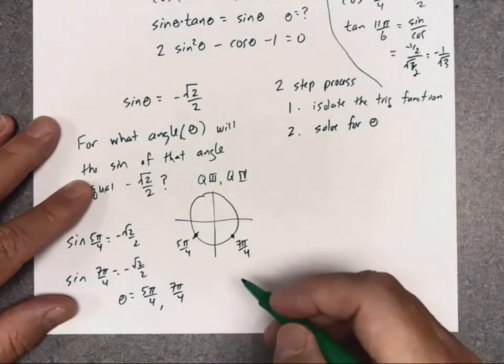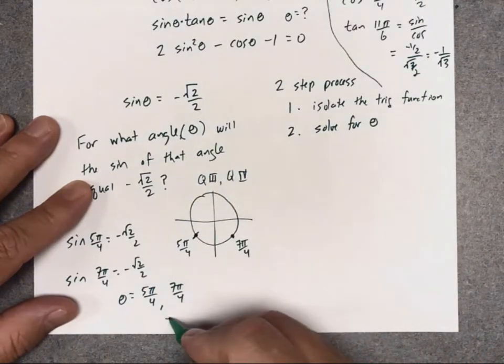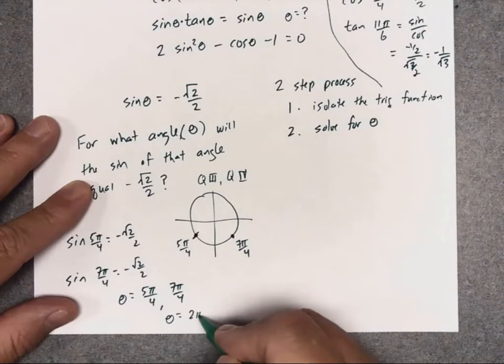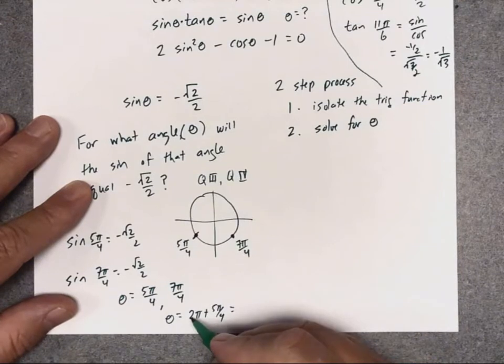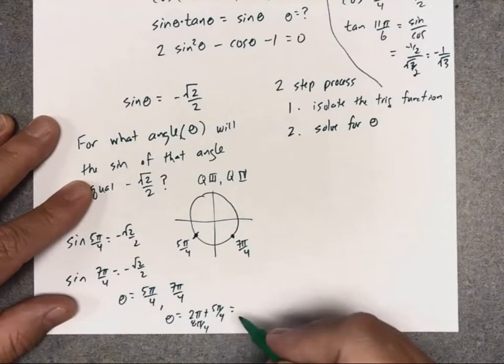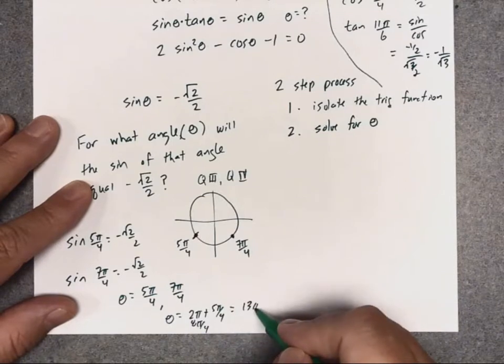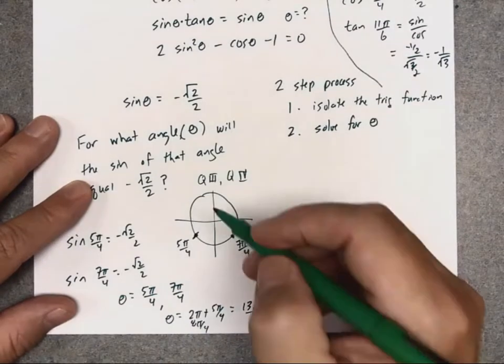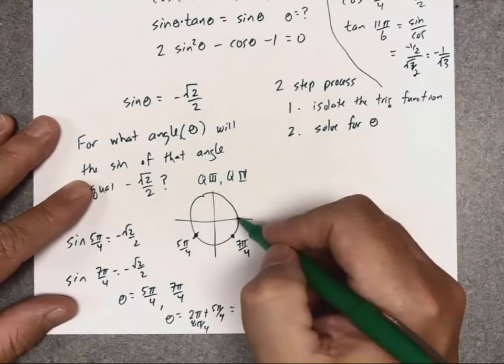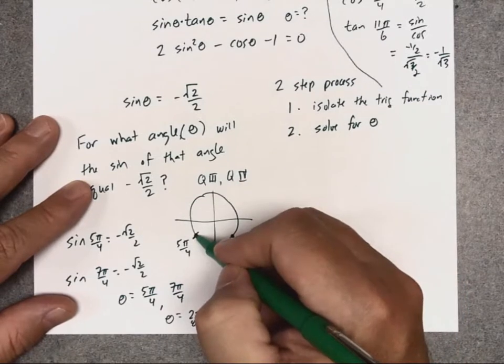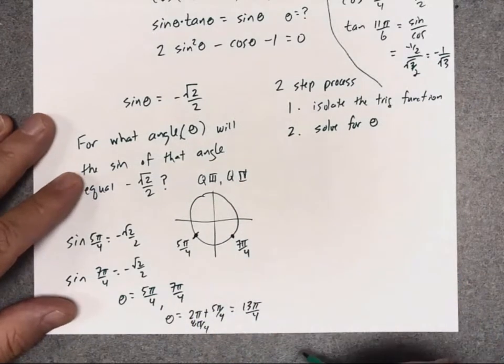In other words, how about if I look at the angle 2 pi plus 5 pi over 4? If I change this to 8 pi over 4, so if I go around the unit circle once, that's 2 pi, and then I stop here, I'm at 13 pi over 4.